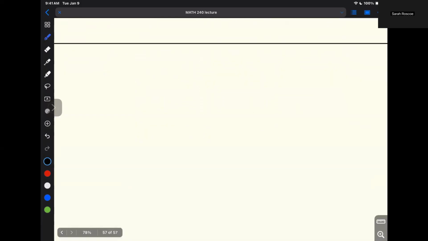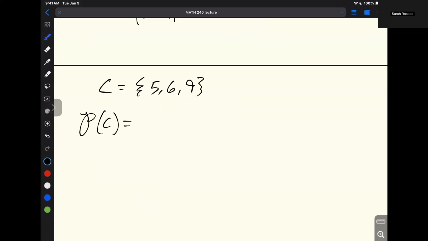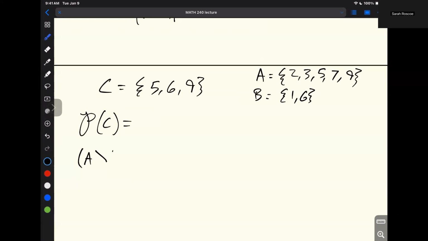I would like you to find, let's say that C is equal to 5, 6, and 9, what's the power set of C. I would also like to know, in this example A is 2, 3, 5, 7, and 9, and B is 1 and 6, what is A minus C intersected with B minus C?